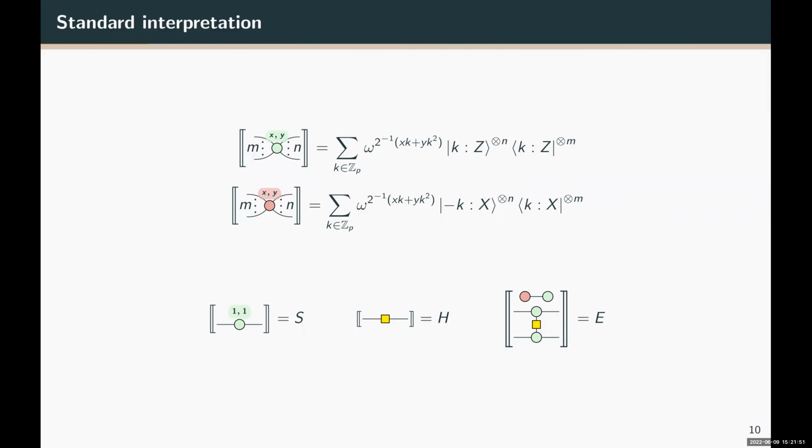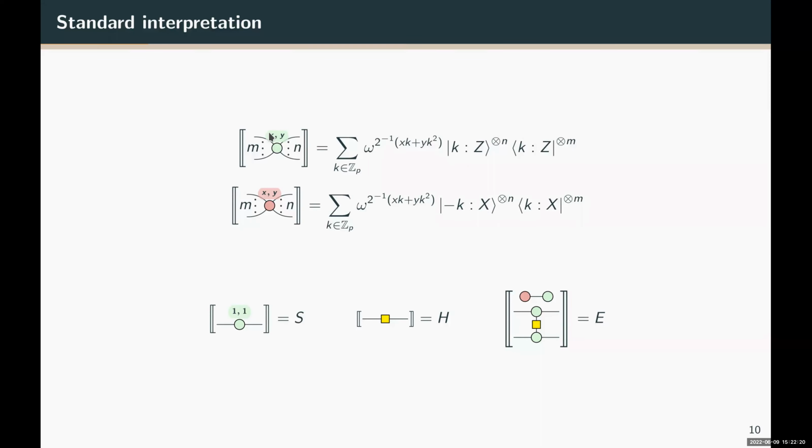Now, given this interpretation, we can calculate the interpretation for spiders, which I think are reasonably unsurprising given the qubit ZX calculus. For the phaseless green spider, we once again have this relation which forces equality on all the legs of the spider. And then when we introduce the phase, we multiply by this diagonal phase, once again parametrized by a quadratic polynomial, right?